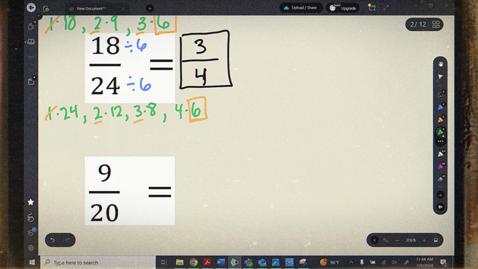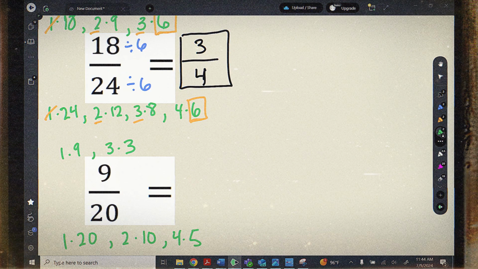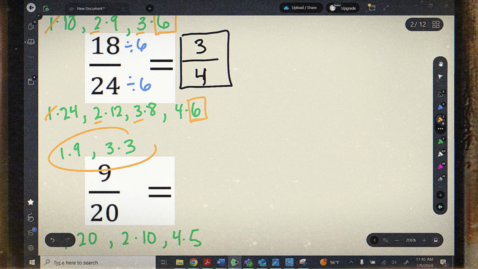So same thing. We're going to look for common factors. So factors of 9 are going to be 1 times 9 or 3 times 3. Factors of 20, 1 times 20, 2 times 10, 4 times 5. Now let's check for a common factor.